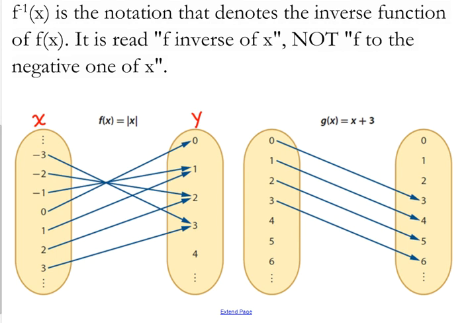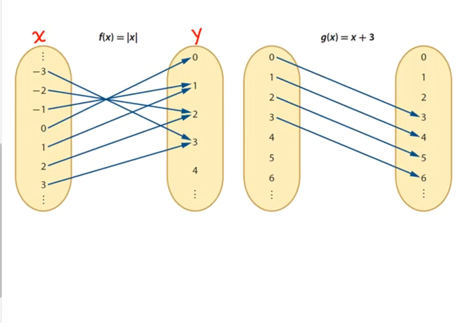So they draw an arrow from the x value to the y value that matches it, according to the function. When you see only one line coming from all your x values, that means it's a function, because there are not multiple y values coming from a single x value. So the absolute value of x is a function.